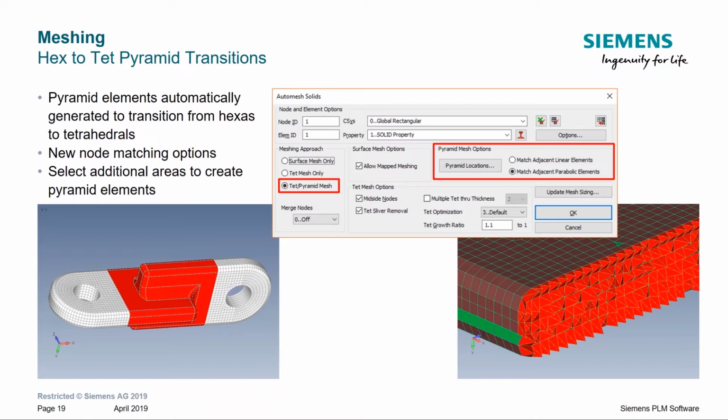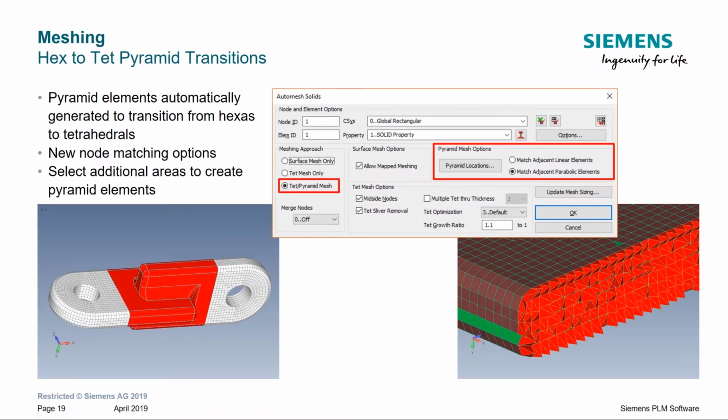And again, you specify the pyramid locations where you want pyramid elements to be. So in this case, I want the pyramid elements to be along the ends of the hex element mesh, and then it'll automatically do that transition with the pyramids to the tetrahedrons.